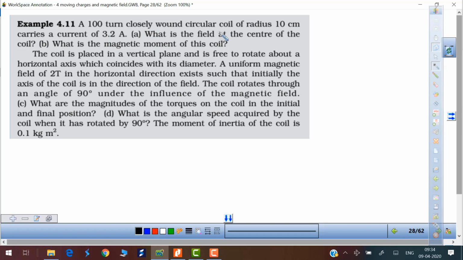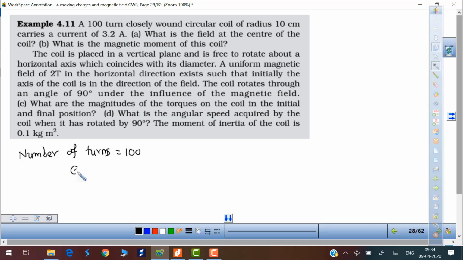A 100-turn closely wound circular coil of radius 10 cm carries a current of 3.2 ampere. So the number of turns is equal to 100.